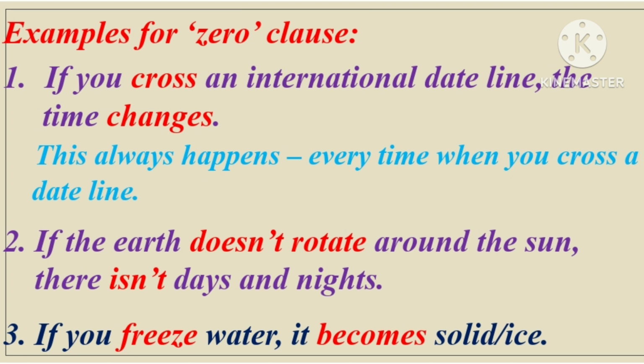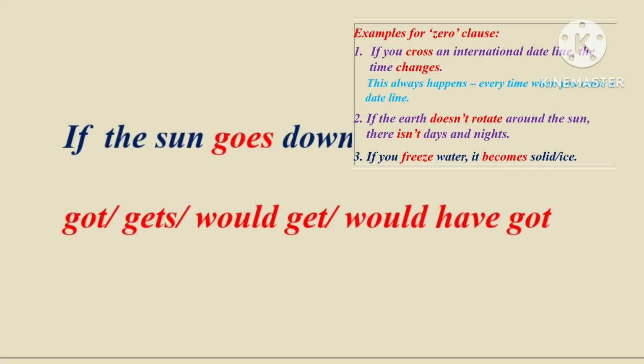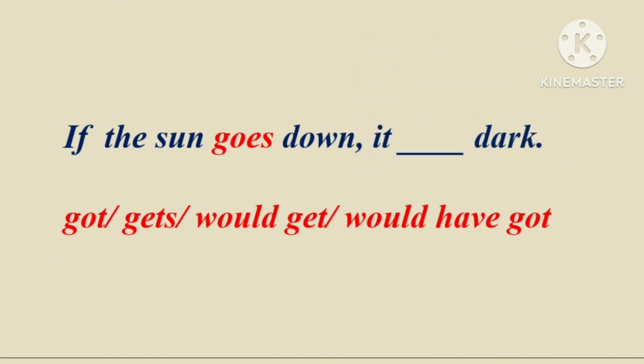Let us see the next example. If you freeze water, it becomes solid or ice. Wherever or whenever you freeze water, it becomes solid or ice. Let us solve an example. If the sun goes down, it dash dark. The options are got, gets, would get, would have got.